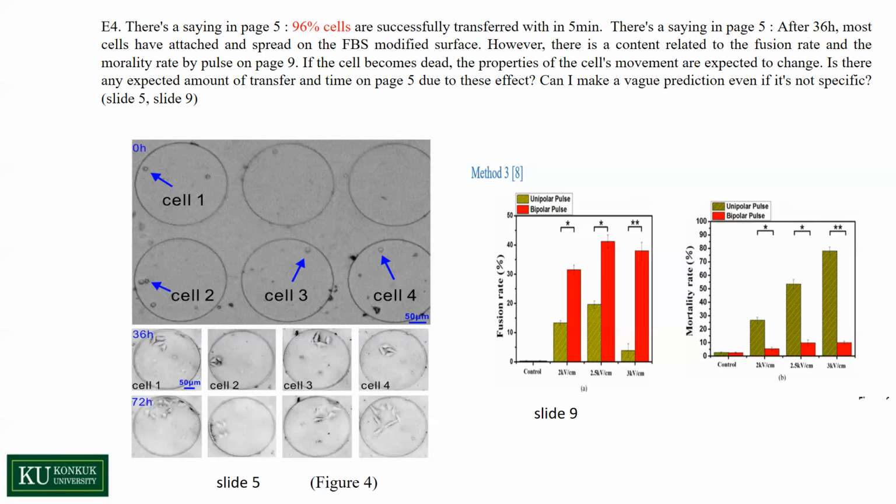When I use a bipolar pulse, in the fusion stage the fusion rate of cells will be much higher compared to the unipolar pulse, and the mortality rate also decreases when we use a bipolar pulse. So in the fusion stage, there will be a much higher number of cells if we apply a bipolar pulse instead of a unipolar pulse.